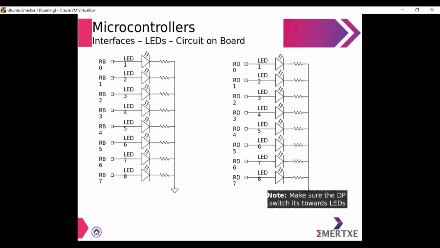Whenever I'm going to program the LED, what should be the direction of the pin which is connected to the LED? What should be the direction of the pin when an LED is connected to a pin of a microcontroller? Should it be treated as an input pin or as an output pin?